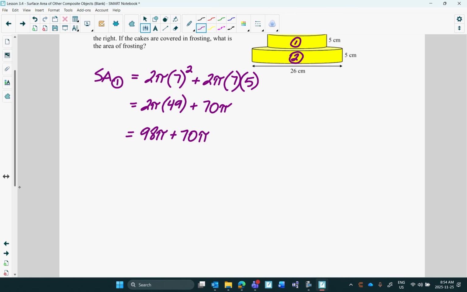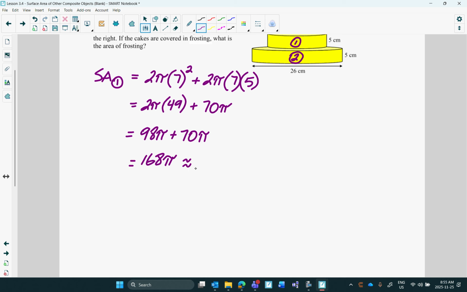So this 2 times 49 is 98, plus 70. Notice I still haven't used the pi key yet, or 3.14. I can add these together, because if I've got 98 pi's and I add 70 pi's, I've got 98 plus 70 pi's, or 168. Now I can use my calculator.